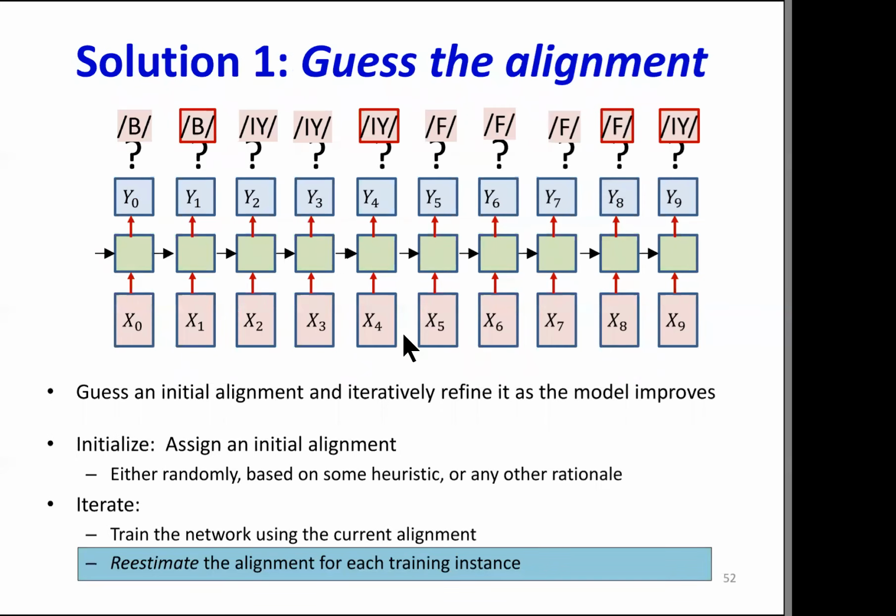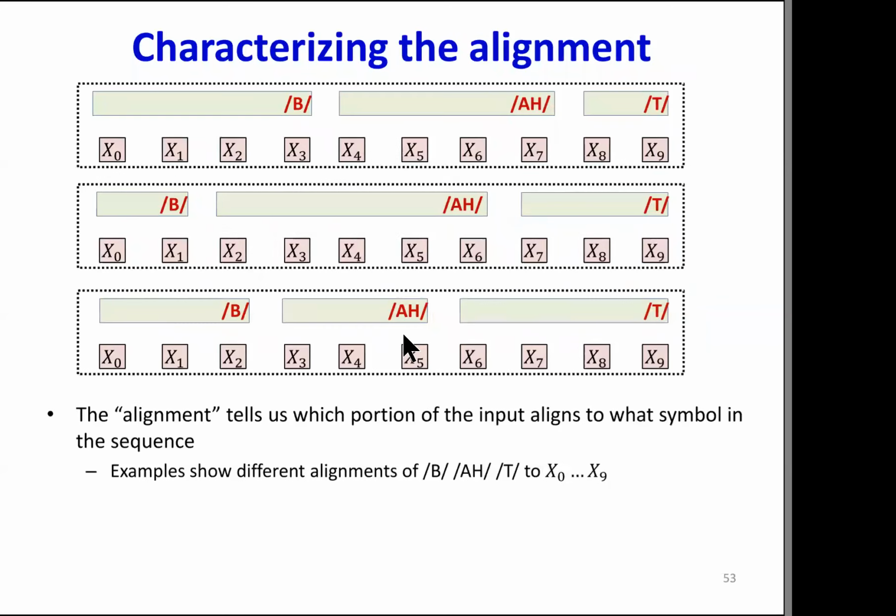Now, what is this business of re-estimating the alignment? If I'm only given the output, the symbol sequence, then as we saw, there are many different ways of aligning the symbol sequence to the input. The alignment basically tells us which portion of the input aligns to what symbol in the output.